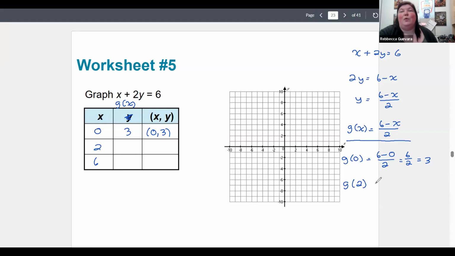X is 2. I want my y. That means I'm looking for g of 2. So that is 6 minus 2 over 2, or 4 over 2, which is just going to be 2. And when I'm looking for x equals 6 and I want my y, I'm really looking for g of 6 now, which is going to be 6 minus 6 over 2, or 0 over 2, or just 0.